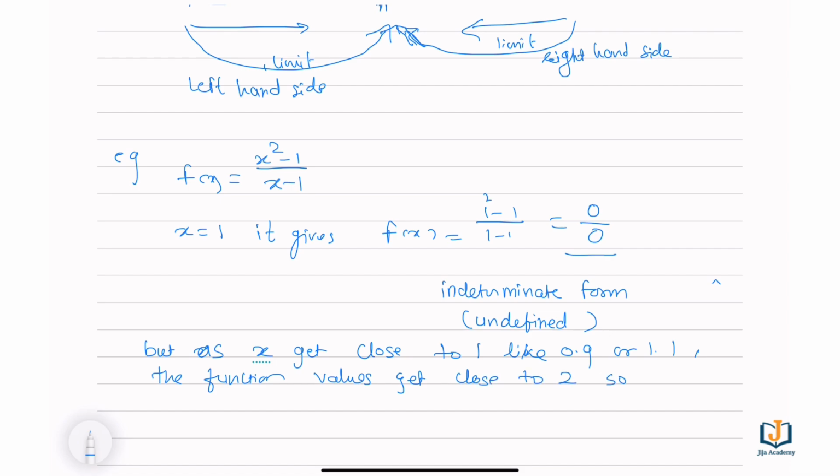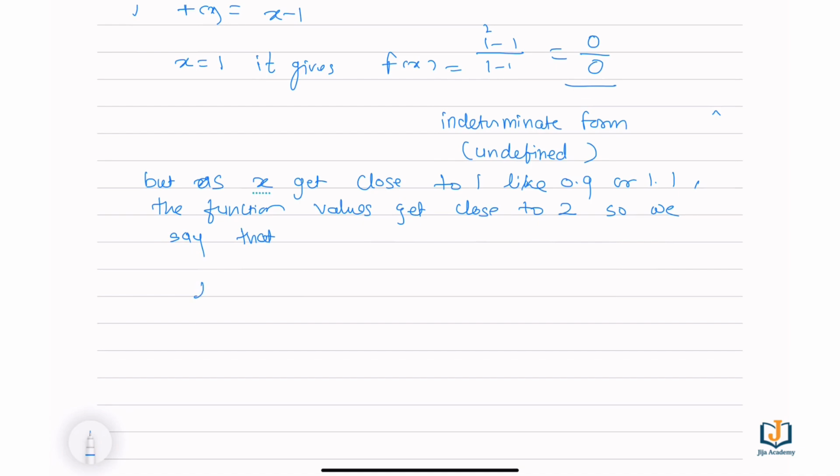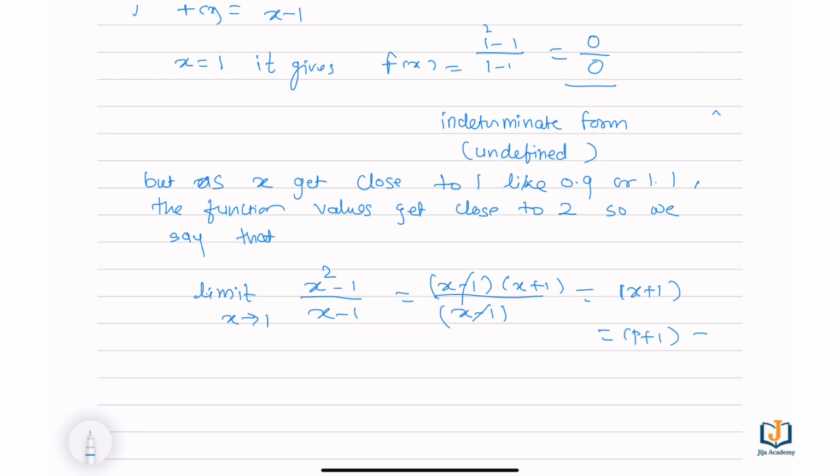So we say that the limit as x tends to 1 of x square minus 1 upon x minus 1 is equal to x minus 1 times x plus 1 upon x minus 1. So x plus 1 is equal to 1 plus 1 is equal to 2.